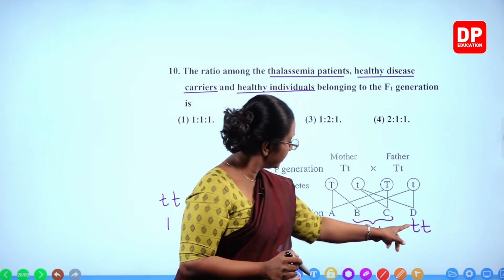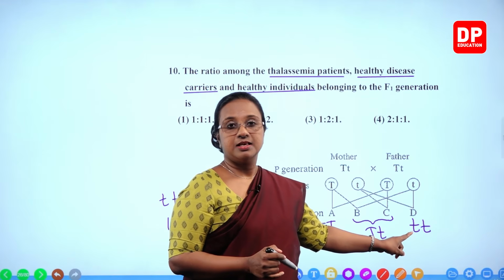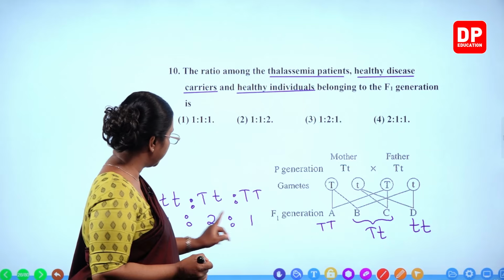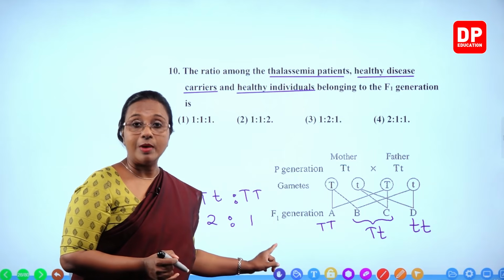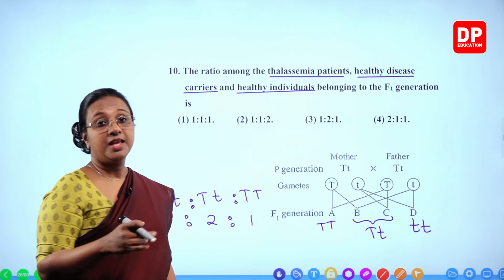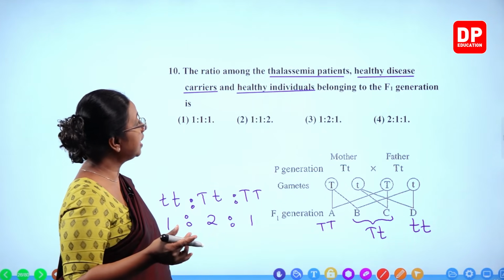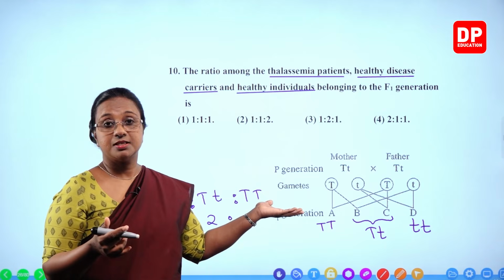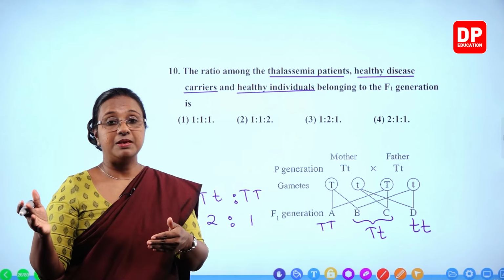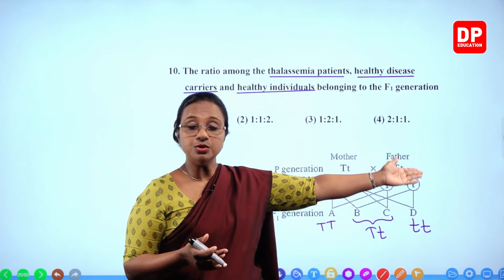In our diagram the order is reversed, but we still get the same ratio 1:2:1. But if they put these in a different order, the ratio can change. For example, if they say carriers first, then disease and healthy people, you will get 2:1:1.